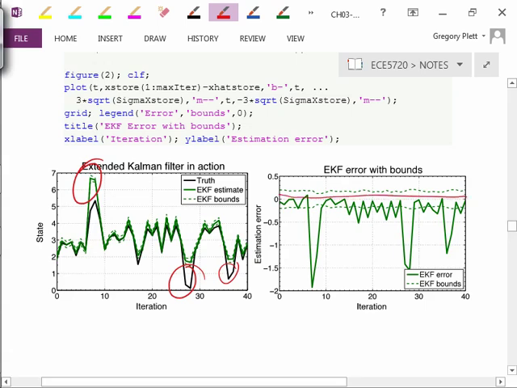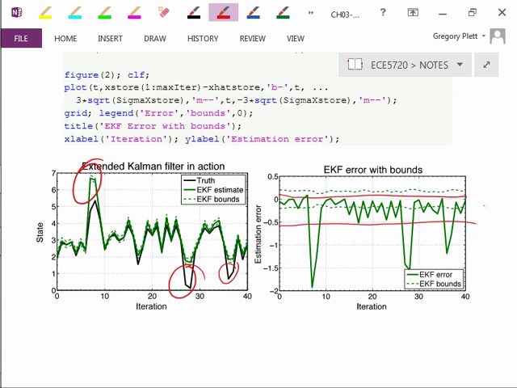So say between 0.1 and minus 0.5 most of the time, which could be quite good for this application. I don't know. But what concerns me is when I look at the error bounds, the error should always be inside of those bounds, and it very rarely is.